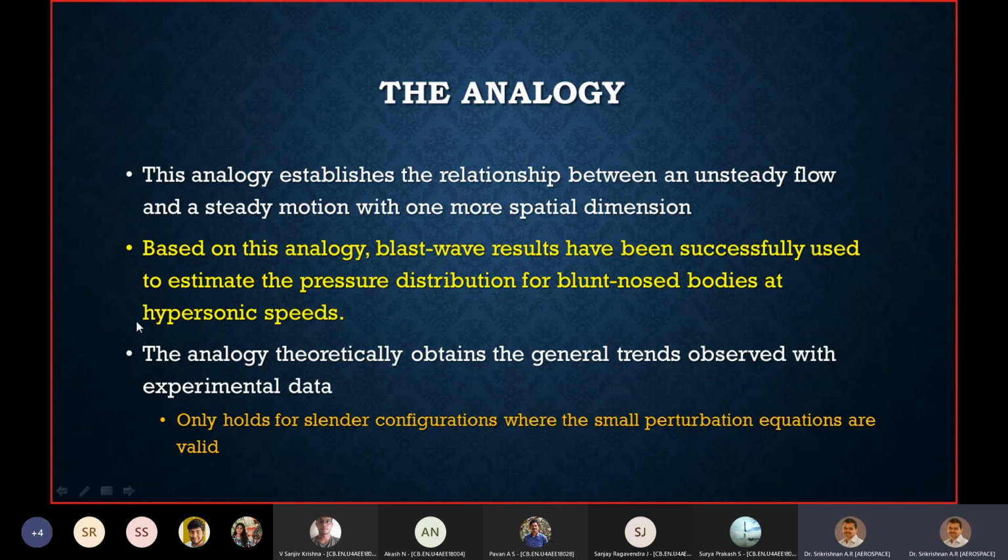As we have seen already, it is applicable only for slender configurations, because the equations are based on small perturbation theory. The mathematical equivalence is only established under small perturbation theory, and that is why we have to restrict our attention to hypersonic slender bodies when we apply the equivalence principle.